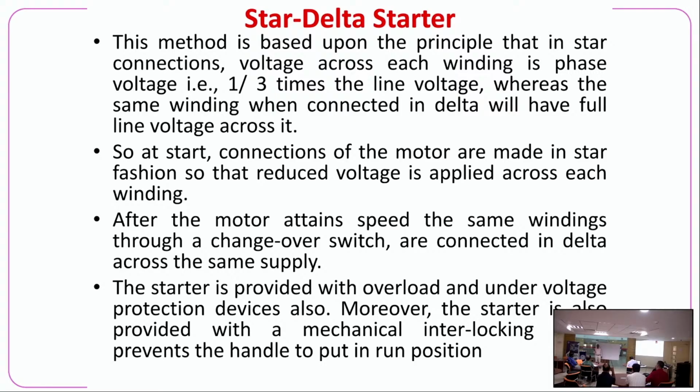Now when we connect the same motor in star across the line, the same VR is applied. What is V phase then? For the star connection, VR is the line voltage.